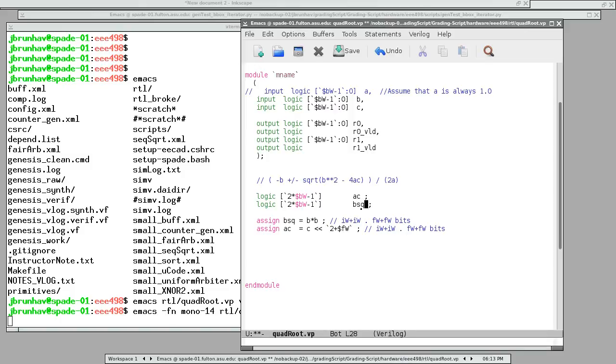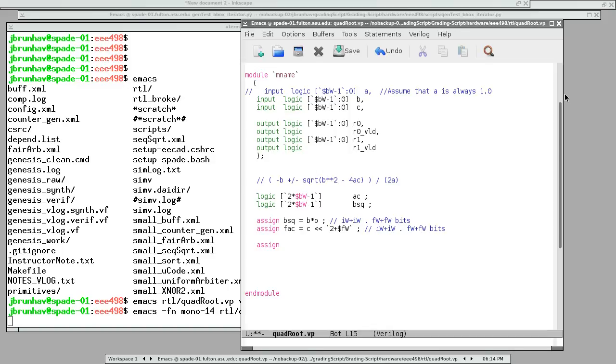And B squared. So we'll call this like 4AC. There we go. So then we're interested in their difference. And I think we'll make our lives a lot easier if we make everything signed.